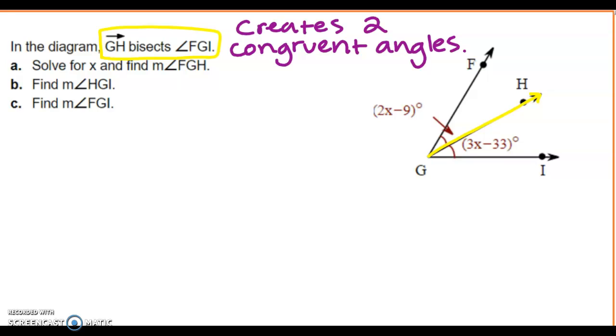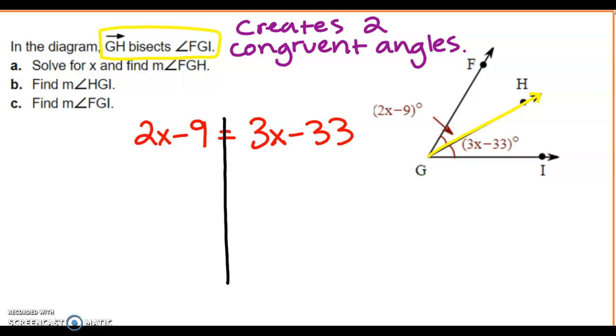So if we have two angles that we know are congruent, that means their measures are going to be equal. So we would create an equation where the first angle, 2x minus 9, is equal to the second angle, 3x minus 33. And this will help us to at least solve for x. So let's do it.